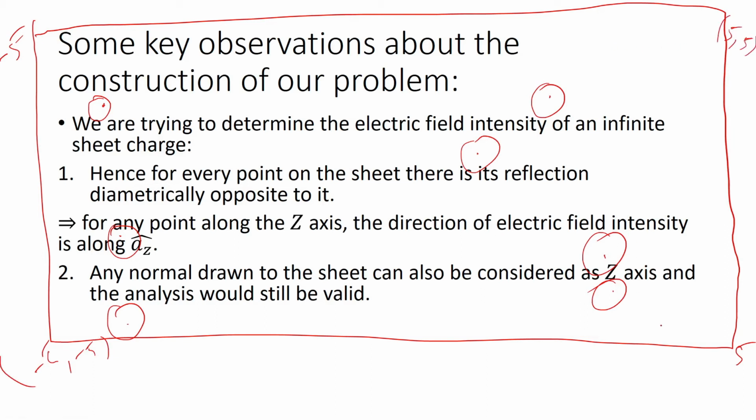This is 5 comma -5, and this is -5 comma 5. I think you can understand this, because this point is in Q1, this is in Q2, this is in Q3, and this is in Q4.